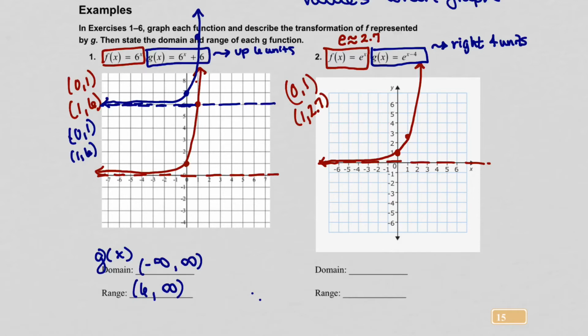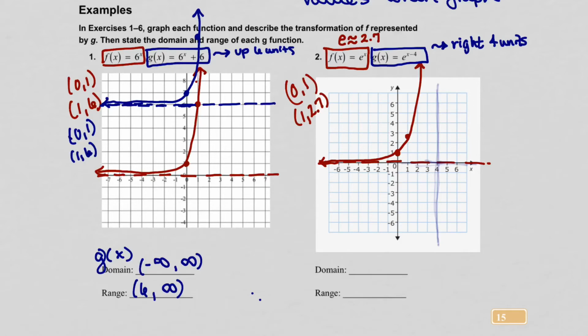I enjoy doing it just because it helps me see things a little bit more clearly, but I'm going to move over 4 units to the right, and I'm just going to go ahead and give myself just a little guideline. So this is my new kind of axis that I'm working from. It didn't change my asymptote, it just kind of moved it over.